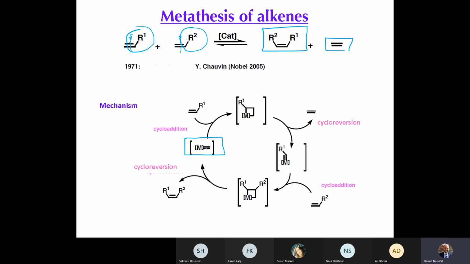But in this case, we have the metal carbene or metal alkylidene. So what is the first step? The first step, we have a double bond and we have R1. We break the double bond in the metal alkene and we form what we call the intermediate bond, M.